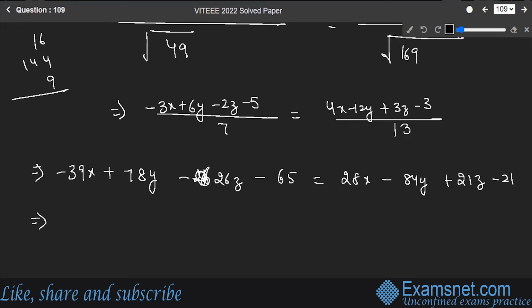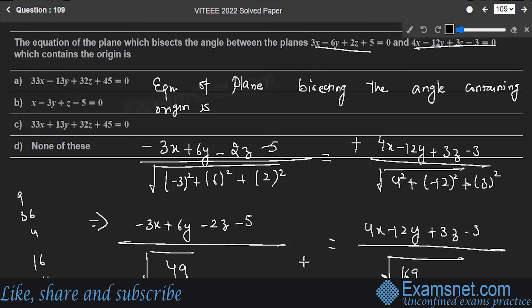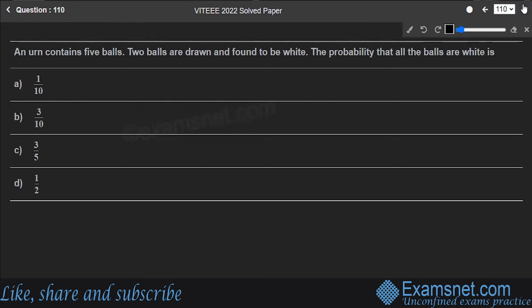Okay, so this will be equal to 67x minus 162y plus 47z plus 44 is equal to 0. So let's check out the options. This is not A, not B. So option D, none of these, is the correct answer. Hope you understood.